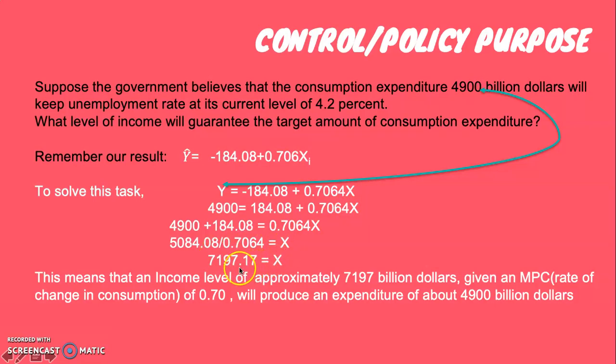When you solve this equation, X will be $7,197.17 billion. This means that an income level of approximately $7,197 billion, given an MPC of 0.70, will produce an expenditure of about $4,900 billion.